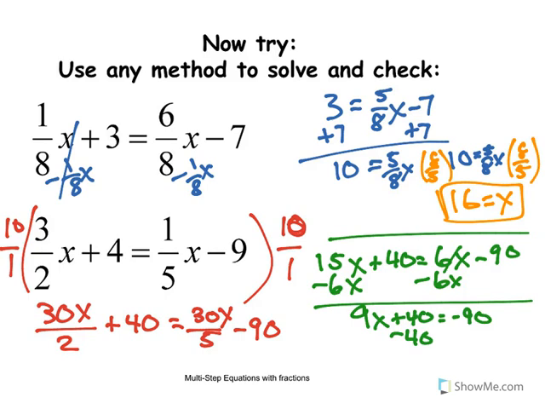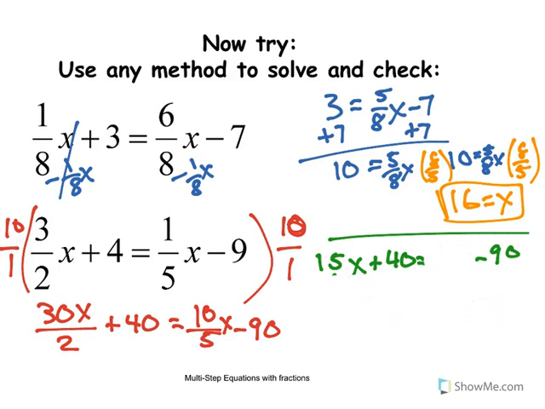Actually, what I'm realizing is I don't know where I got 30x from over here. Let's take this back a step, guys. I apologize for that. So when I multiply here by 10, I should have 10/5, which is going to be 2. So yeah, I can understand some of our confusion here. So let me go back and fix this. So this should be 2x. And now this is going to work out a lot cleaner, right?